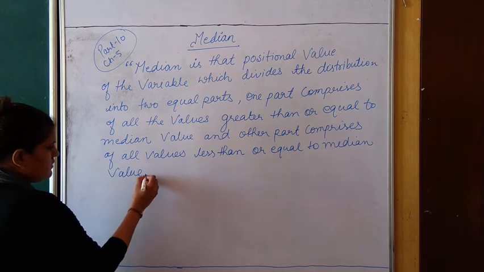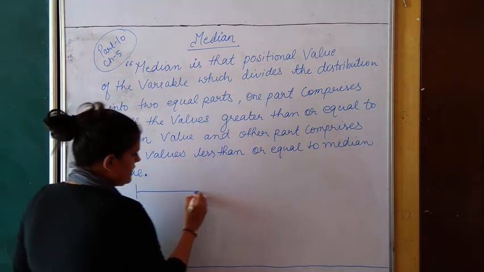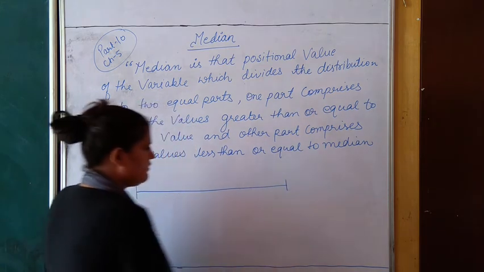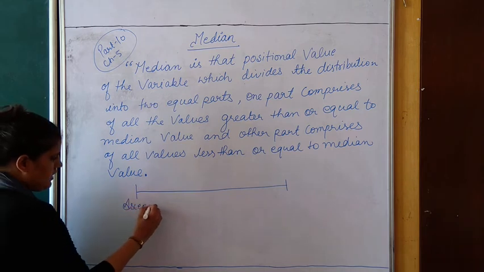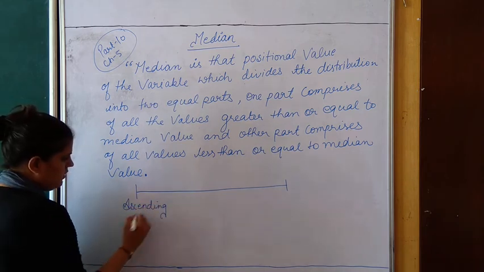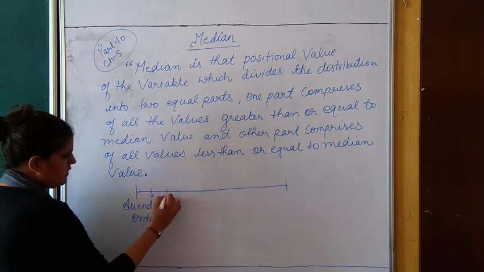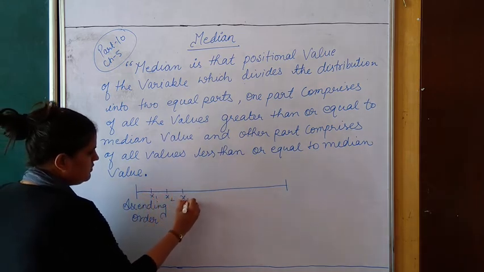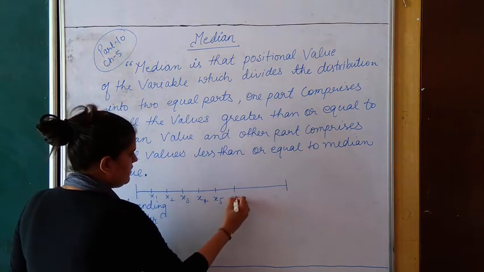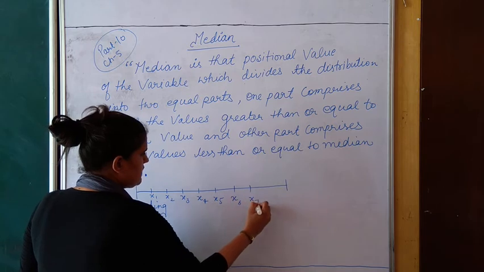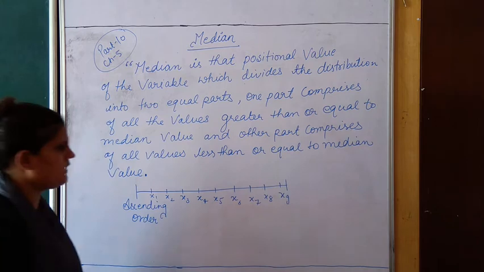Now what does it mean, children? Suppose this is the data which I have arranged in ascending order. Suppose x1, x2, x3, x4, x5, x6, x7, x8, x9.